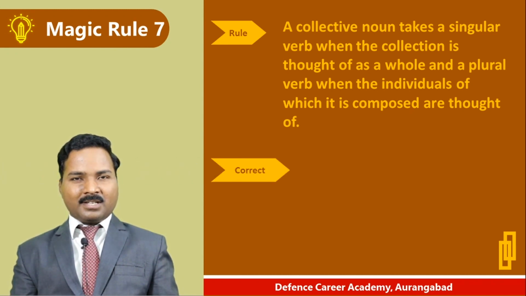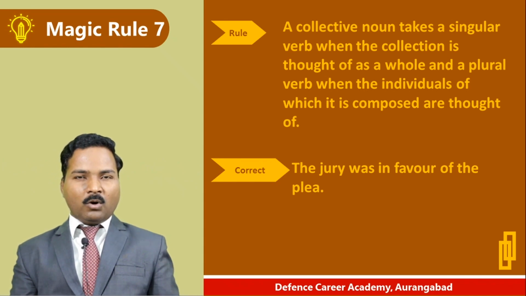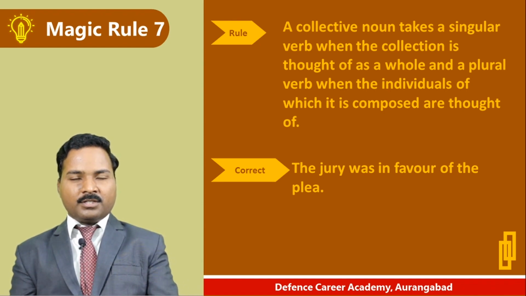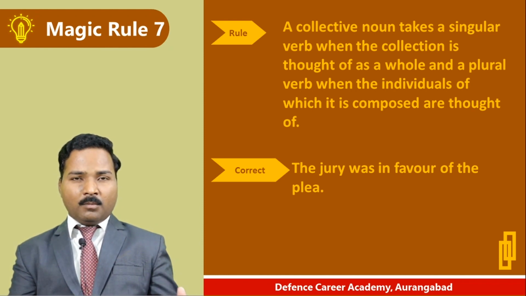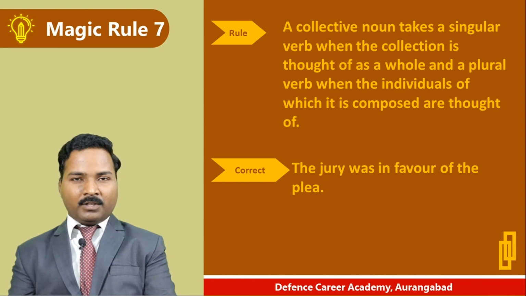Let's see this example. In this example, you can see that the jury was in favor of the plea. It means that all members of the jury, jury is a group of judges, and the plea which was registered there in the court, all members of the jury were in favor of that plea.